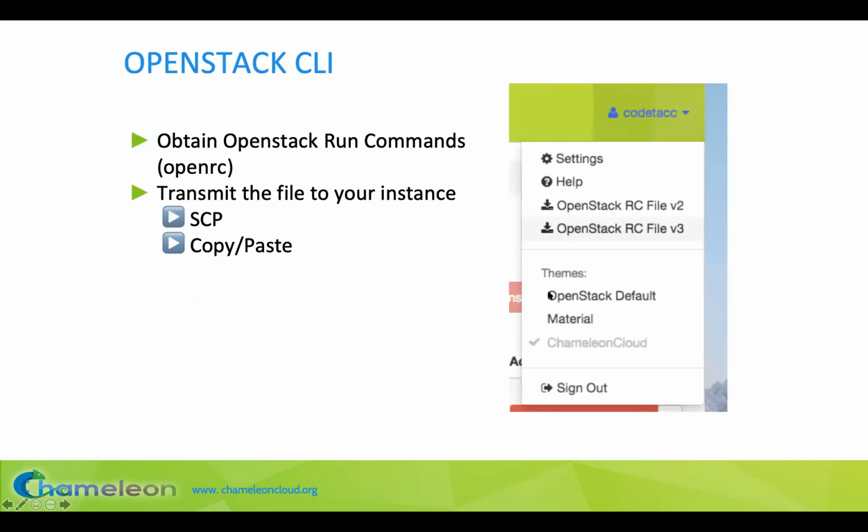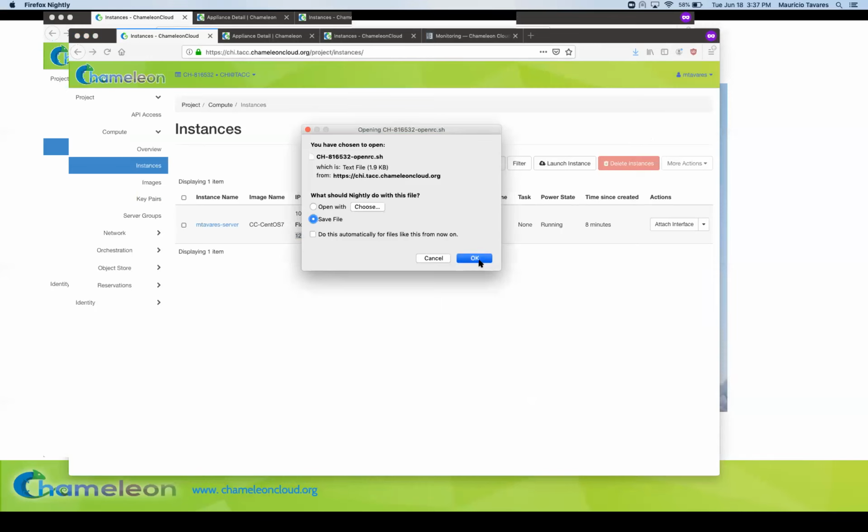Another thing we need to do is download a script that configures your account on the server we just created, so you can run OpenStack commands. Let me show you how to do that. We go back here. We download this file, which is downloaded locally.